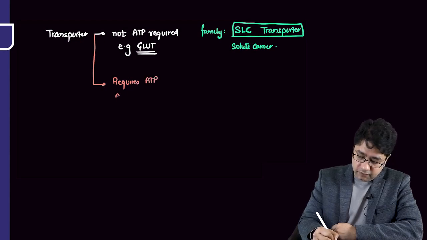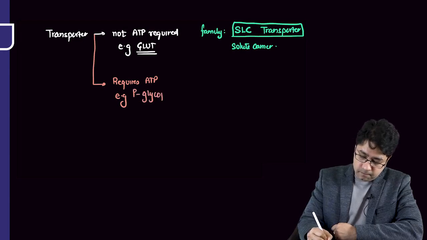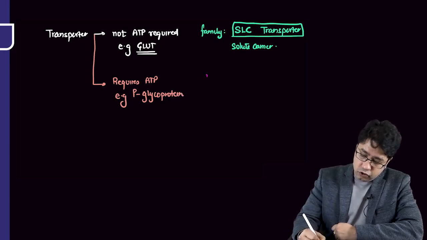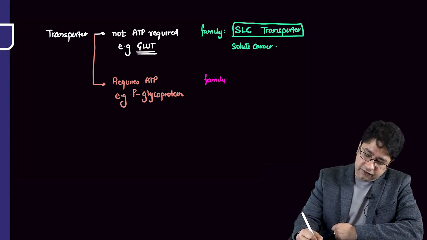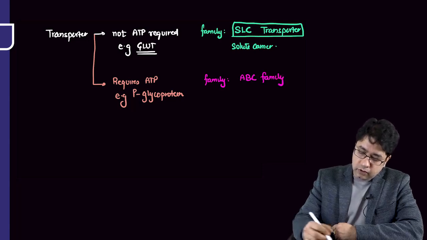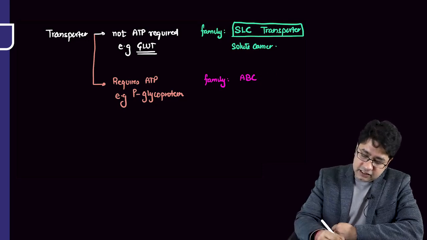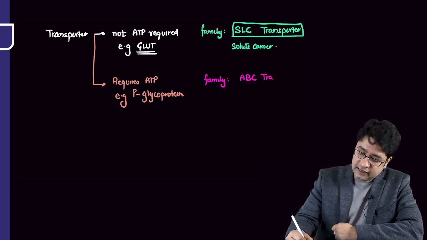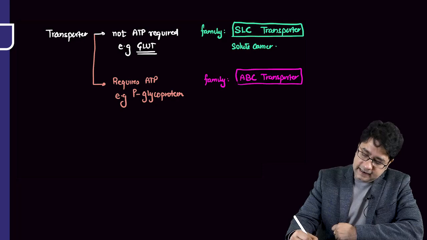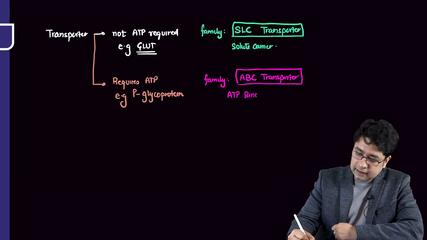for example, P-glycoprotein, comes under a family known as the ABC family of transporters. Now, ABC stands for, this question was recently asked, ATP binding cassette.